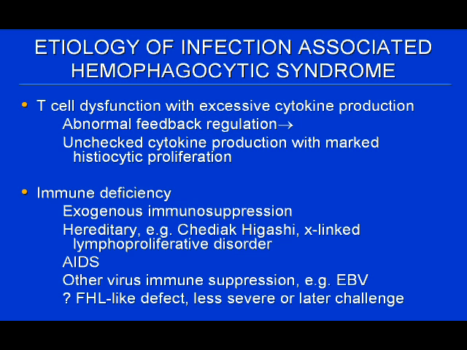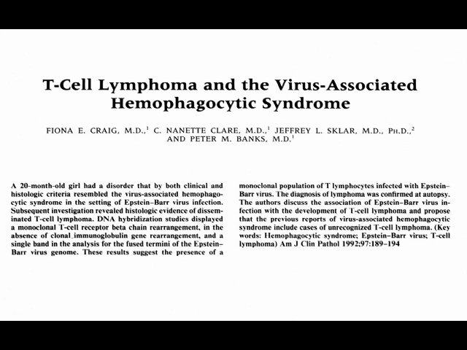And then there are other virus infections, and presumably through mechanisms not well understood, immune suppression that occurs maybe directly from the virus infection that leads to this abnormal type of reaction. Maybe there is a defect that is similar to the familial hemophagocytic syndromes, but less severe, or in patients that are only challenged at some much later time in life.